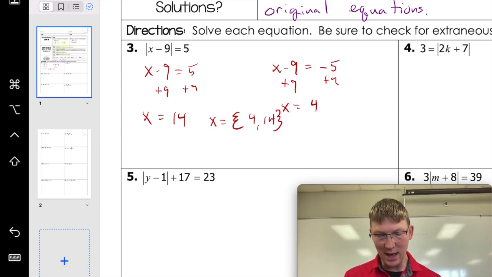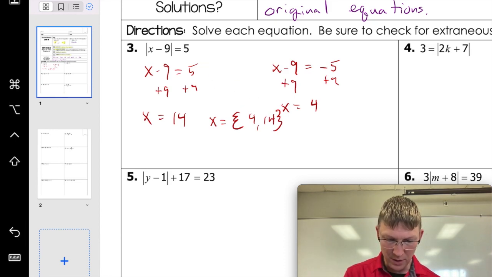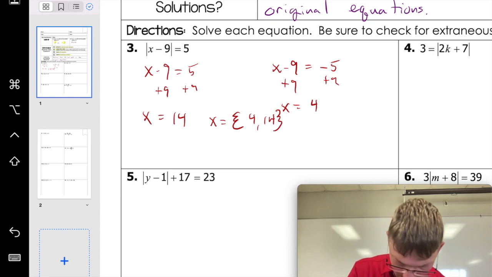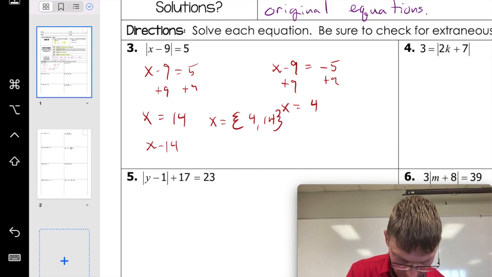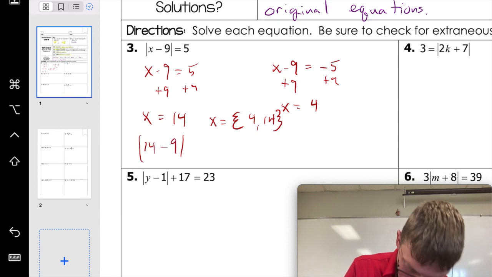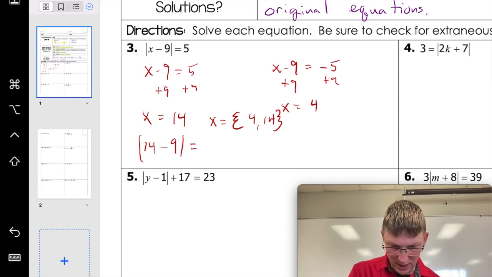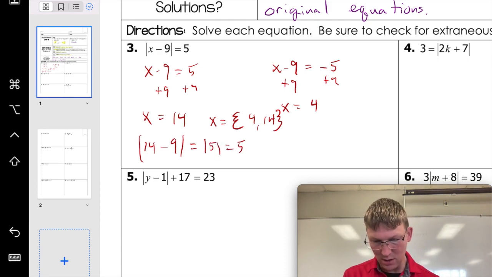But before we circle it, we need to plug both of these solutions into our original equation. If we take 14, we have the absolute value of 14 minus 9, which is the absolute value of 5, which is 5, so we're good.